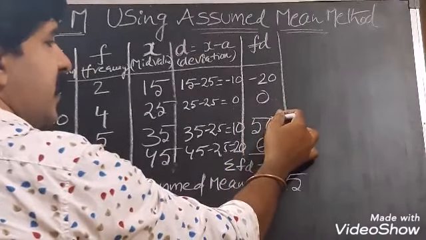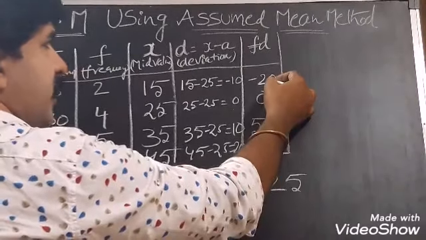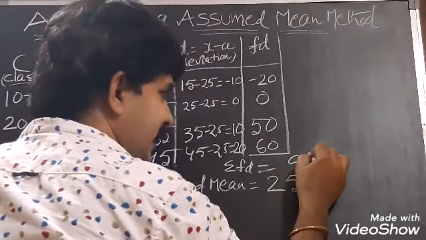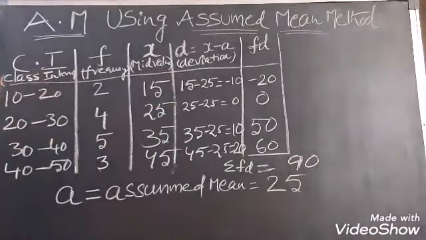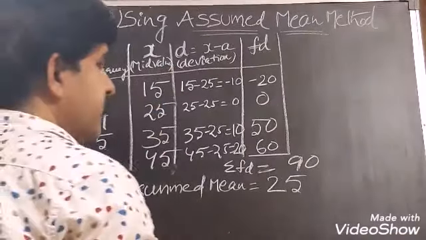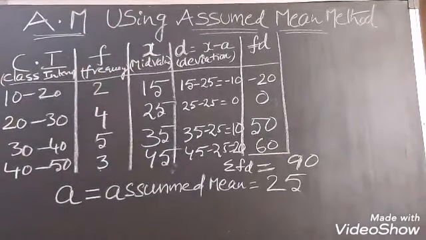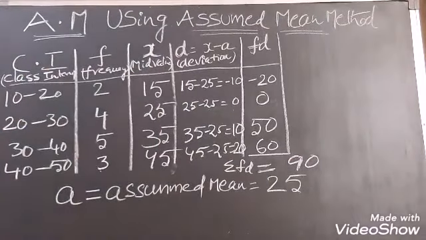Here the plus values are 50 plus 60, 110. 110 minus 20, 90. Sigma FD is equal to 90. Is it clear? So we got the value sigma FD is equal to 90.